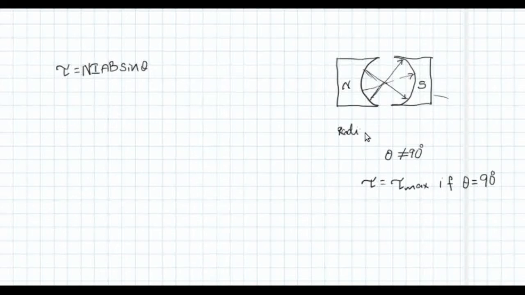So if the field is radial, then the area vector will always be perpendicular to this direction of the field. So this way we can make the angle between B and A always perpendicular to each other.